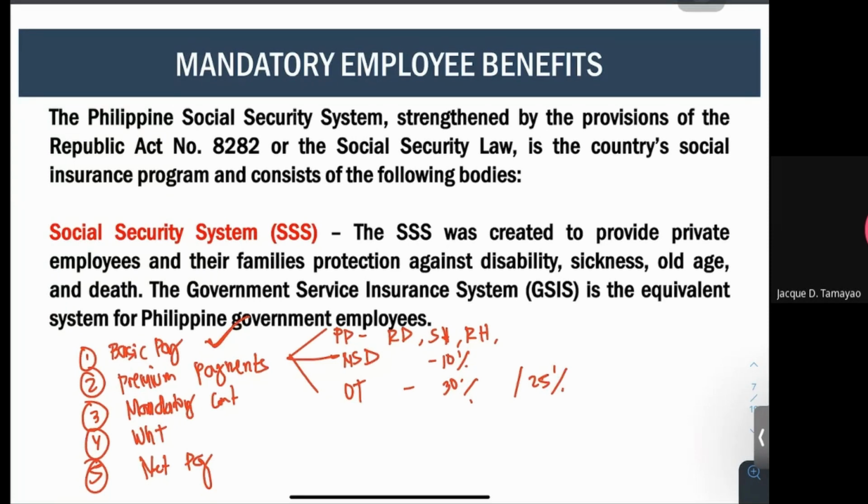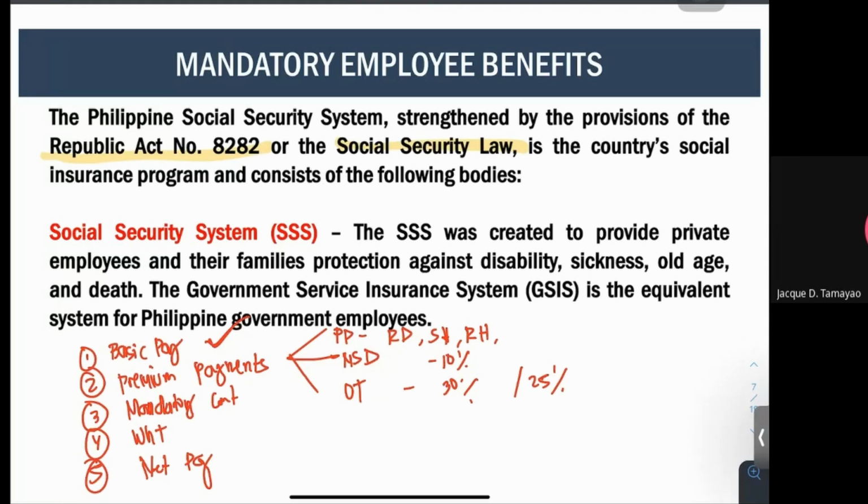So what are the different mandatory contributions? Your different mandatory contributions are provided for in your RA 8282 or your Social Security Law. So under your Social Security Law, it mandates three social insurance systems that an employee must mandatorily pay to the government.